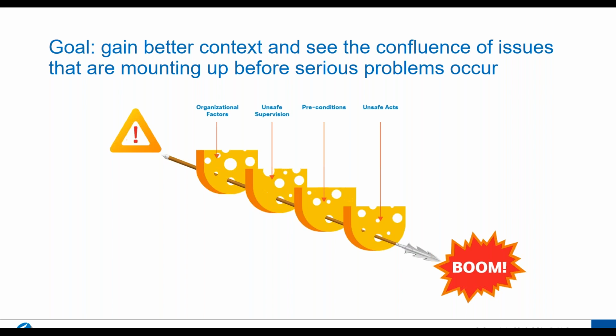So the goal then is to gain better context and see the confluence of issues that are mounting up before serious problems occur. So in this webinar, we'll be exploring how Aegex Technologies' NexVu IoT Solution and OSIsoft's PI system together can essentially plug the holes to mitigate potential problems in oil and gas and other hazardous area environments.